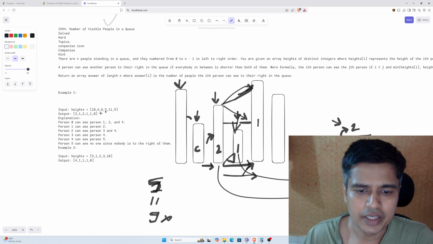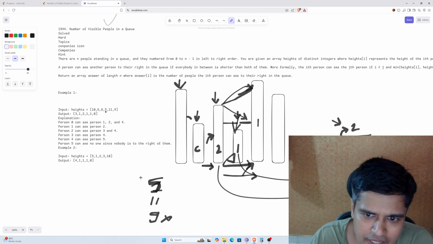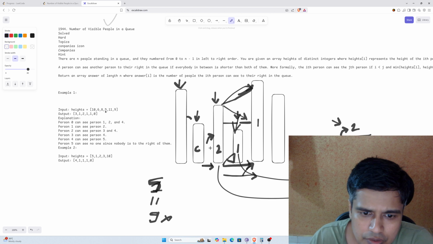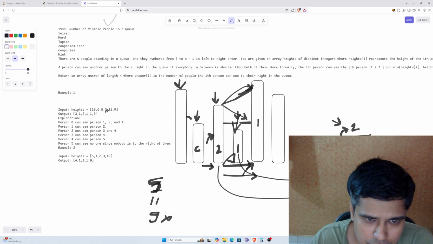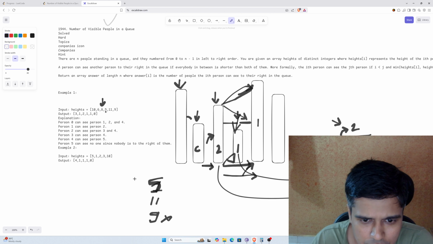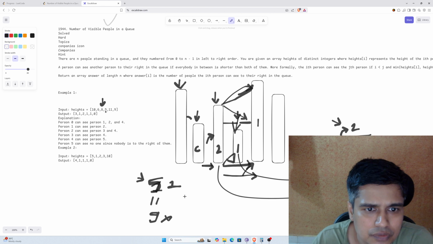Now we go to 8. So 8 thinks that this person to the right is very less than my current 8 number. So what will it do? It will pop this number and discard it. But while doing it, it will record some value as 1. Which is 1, 2, 3, 4.